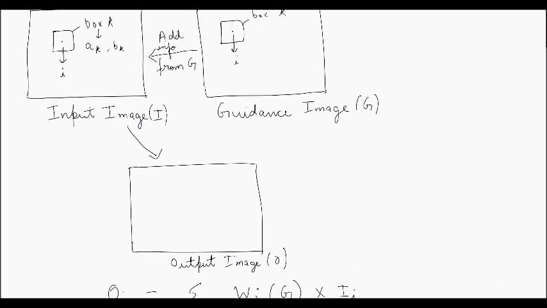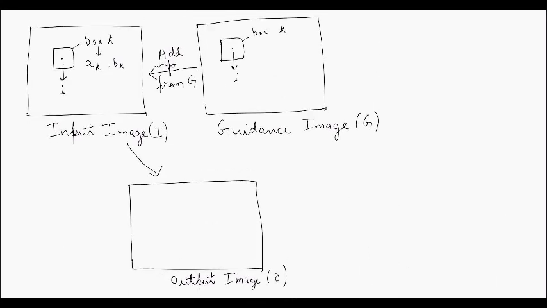Essentially what I'm saying is that for any point within this box, the output will be a combination of two constants A and B and the pixel value in the guidance image. So for any point in this box, the output becomes A times the pixel value in the guidance image plus B, and these constants A and B are assumed to be constant over the box.